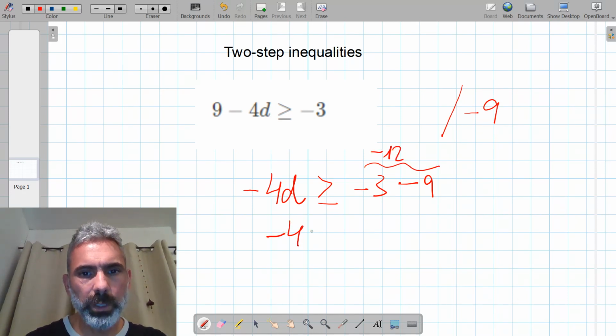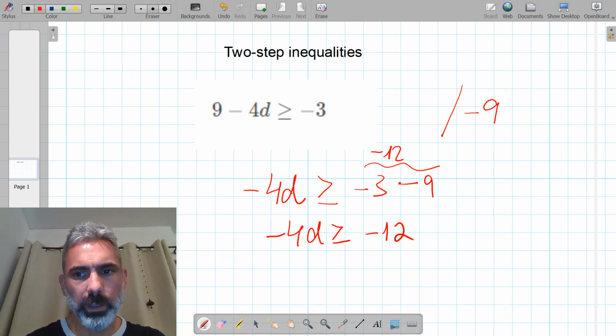So minus 4d is greater than or equal to minus 12. And now I need to divide both sides of the inequality by minus 4.